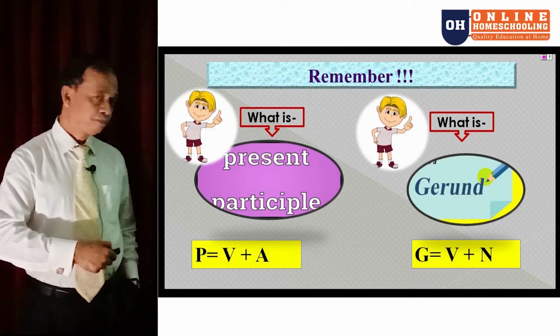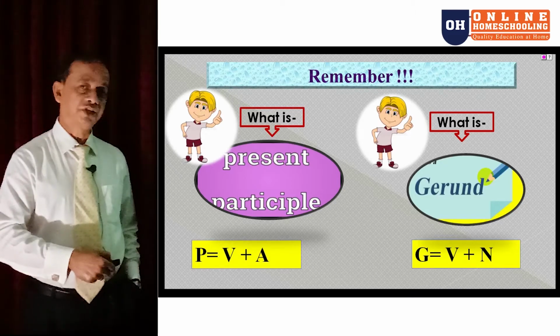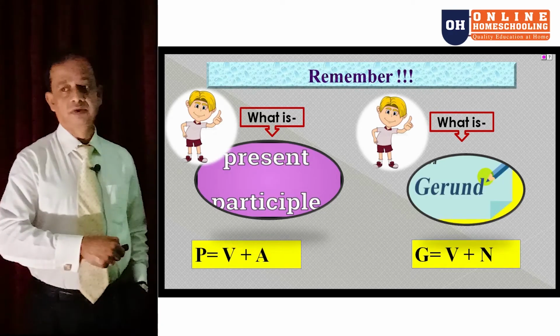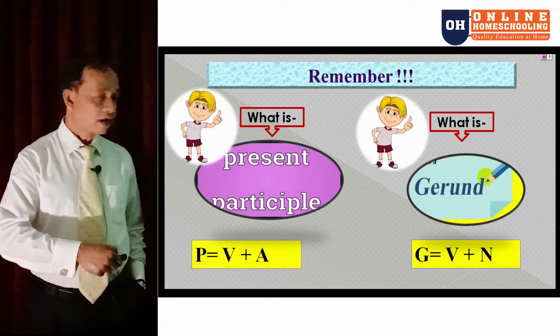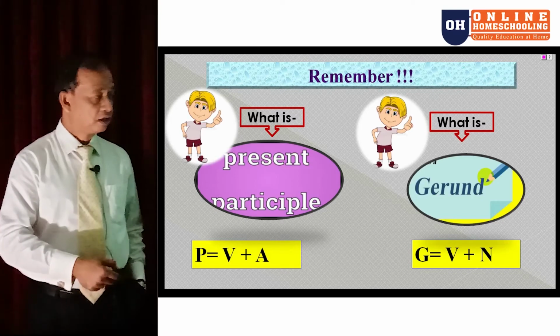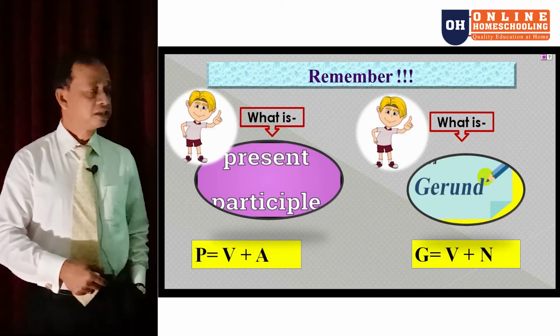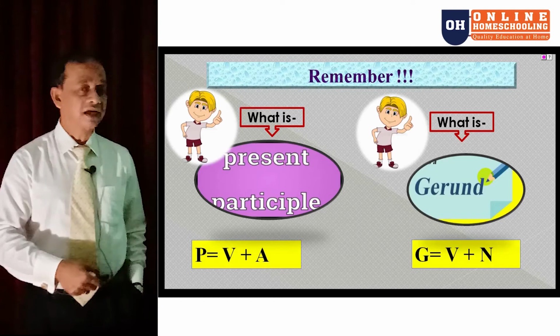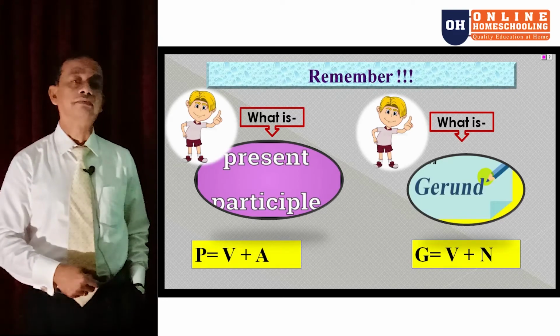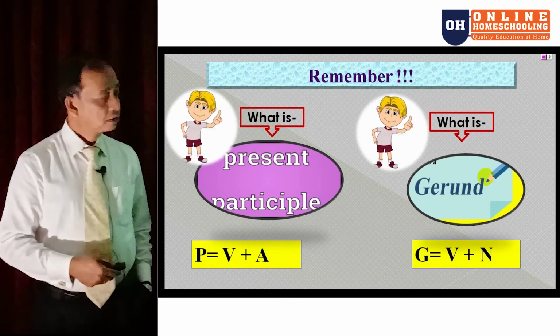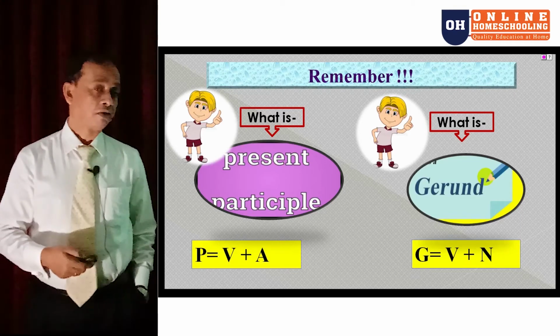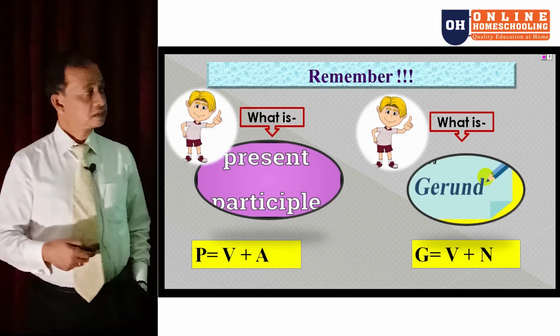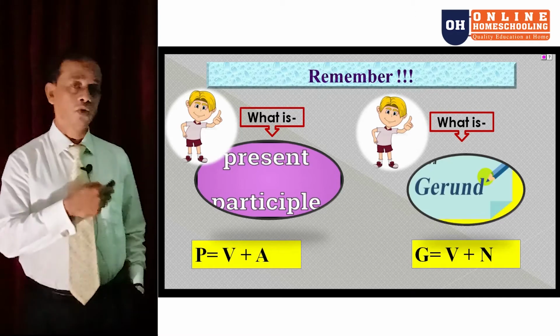This means present participle equals verb plus adjective: a verb, but it is doing the work of an adjective, taking the verb's ing. That is present participle. And gerund is verb plus noun, meaning verb plus ing, but it is working as a noun. So I am sure your confusion about gerund and participle is to some extent removed.